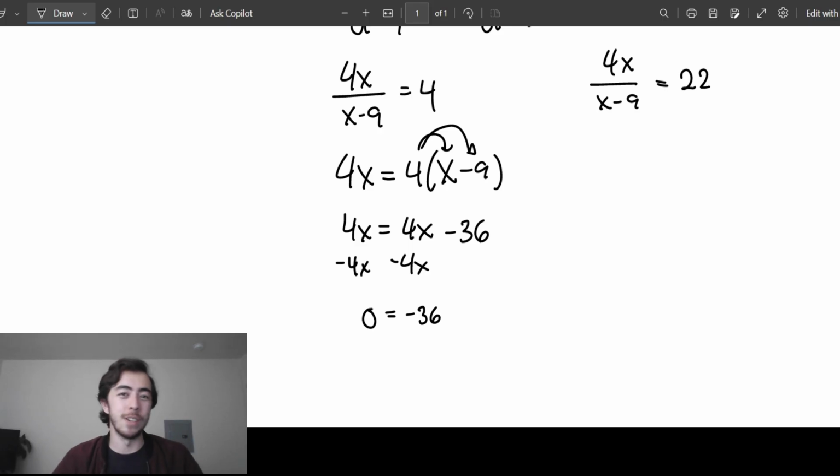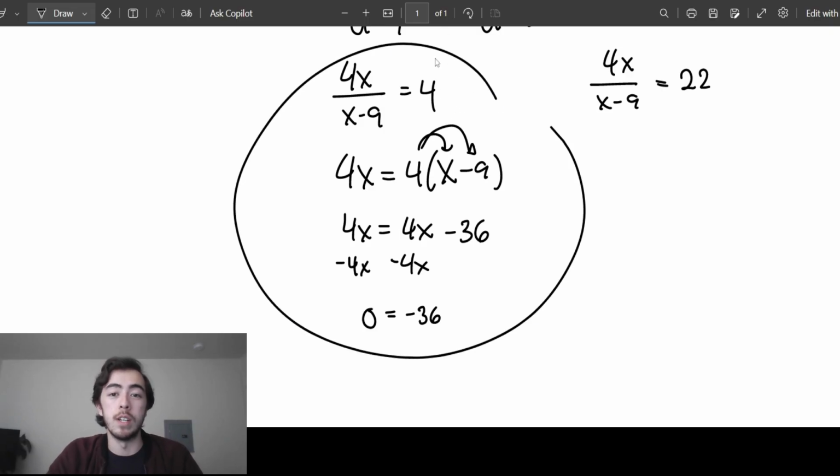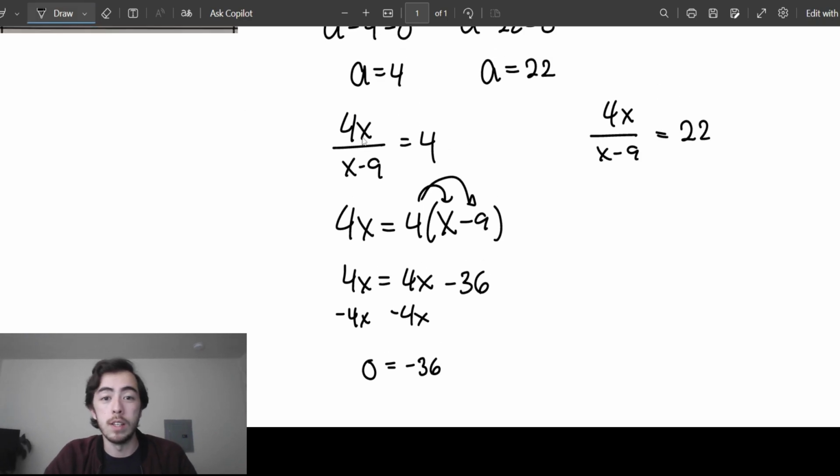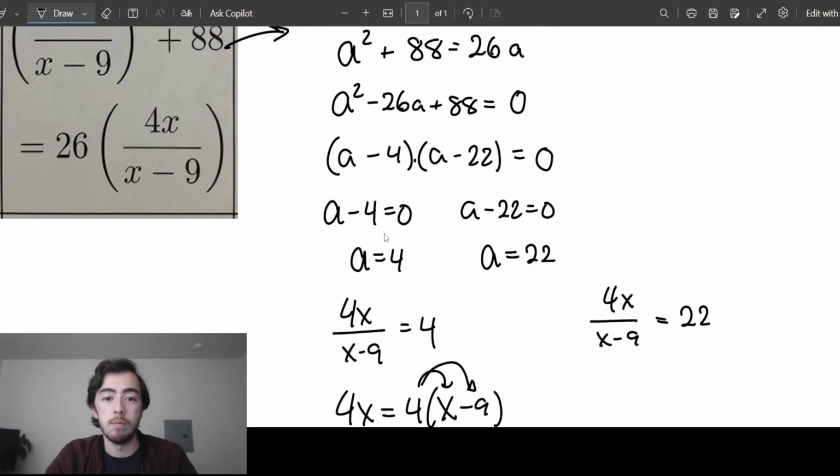Of course, 0 is not the same as negative 36. All this means is that I'm not finding any solution over here, at least for x. Another way to think about it is that there is no value x that would make the fraction the value 4. But we can't do that.